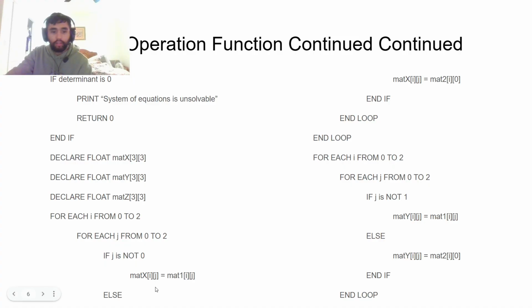It'll be set to that element number. Else, it'll be set to the solution matrix here. And then similar logic for the Y column, except with the index condition being 1, or the Y column. Then if not the Y column, it becomes the equation matrix value. Else it becomes the solution matrix value.